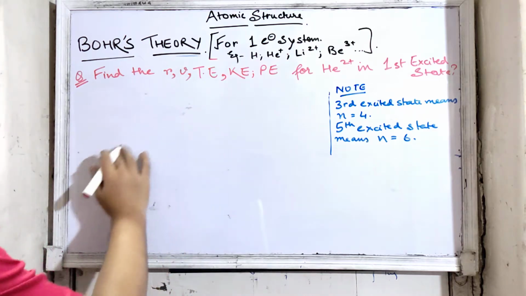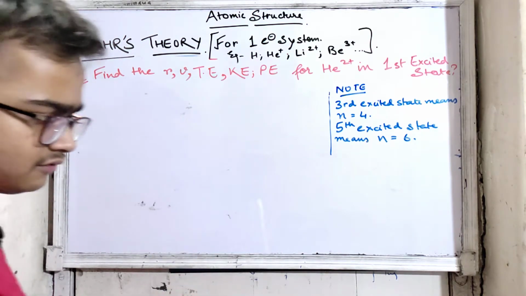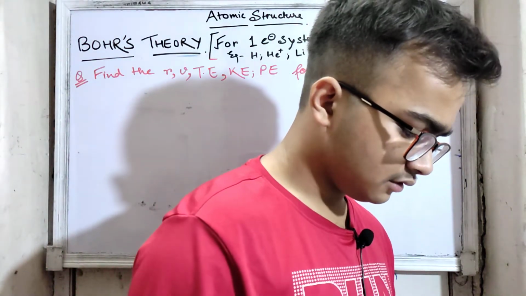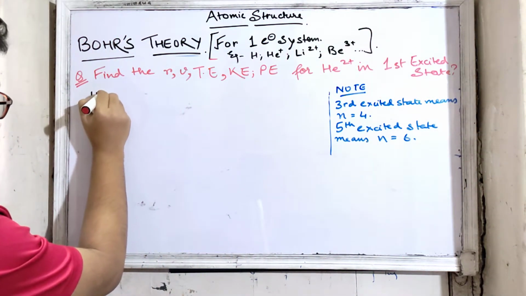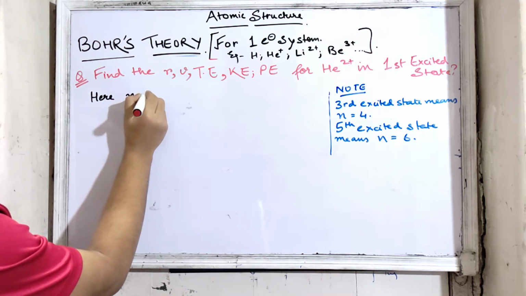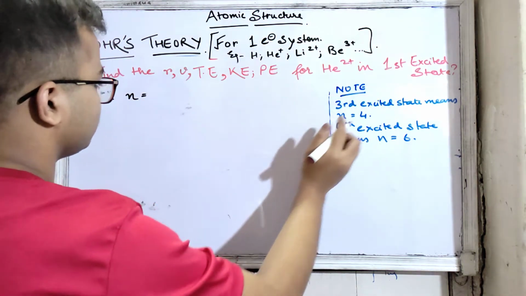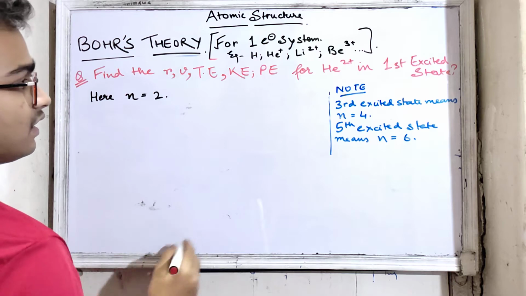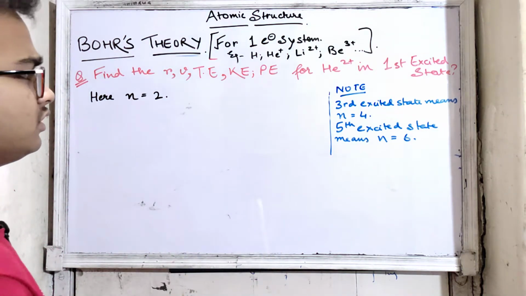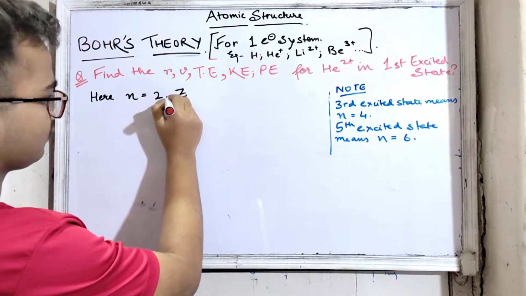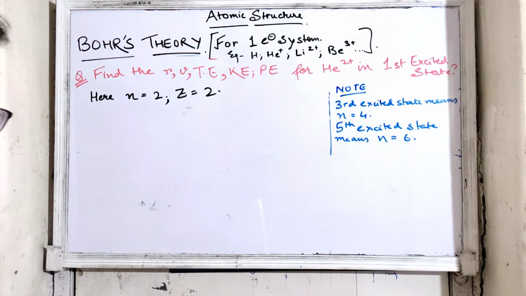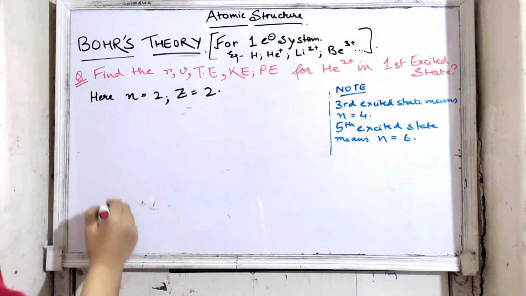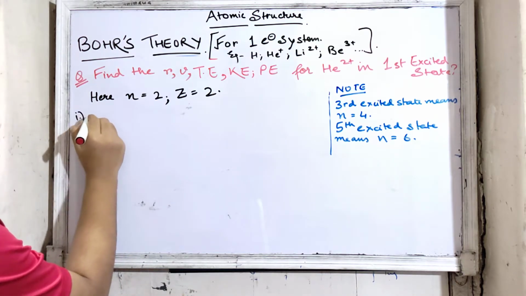So let's solve it here. Let's write with my black ink again. Here n equal to 2, since this is first, and helium is atomic number 2, so Z equal to 2. Now I have to find the Bohr's radius. Number 1, this is r.